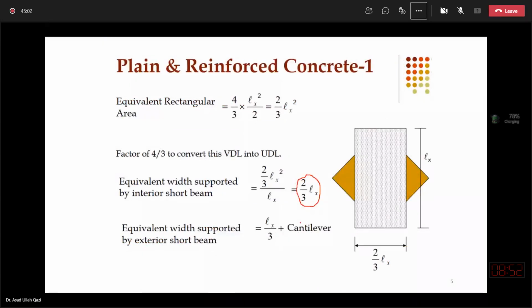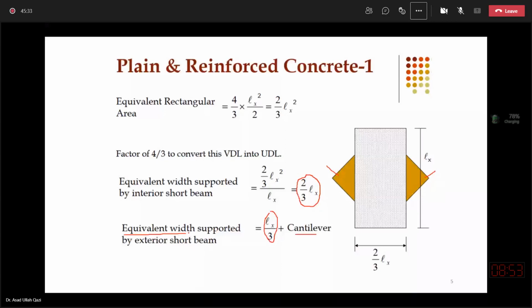If the beam is exterior and has one triangle, then exactly half of it will be the equivalent width and it will drop to LX by 3. And if the exterior shorter span beam has a cantilever, it will be added directly into the equivalent width. This equivalent width derivation is explained in that video lecture. So please watch that video.